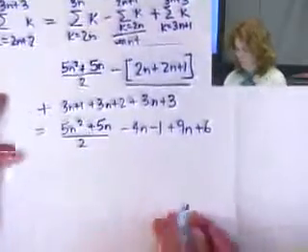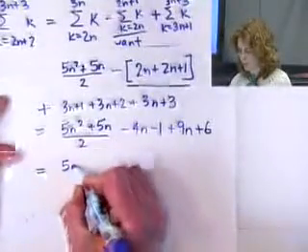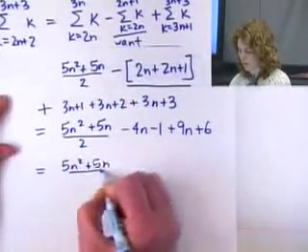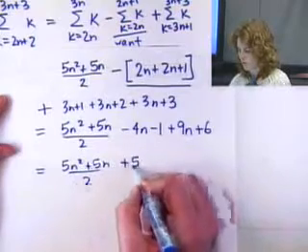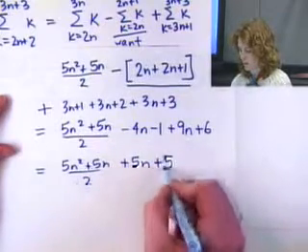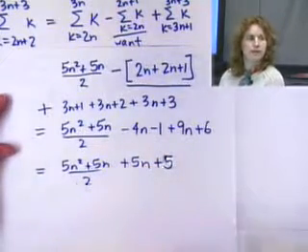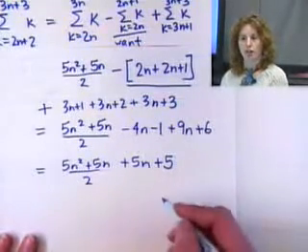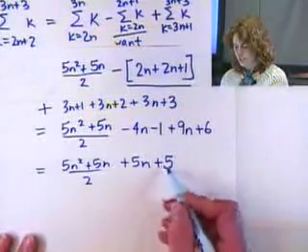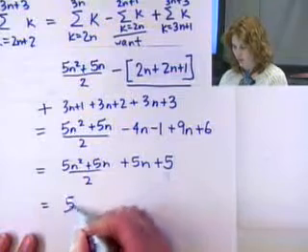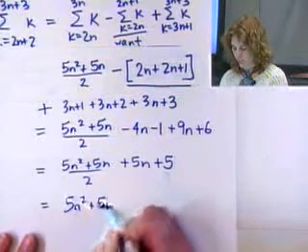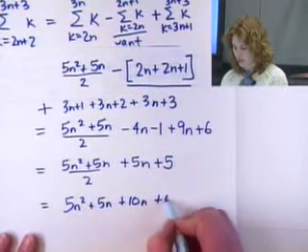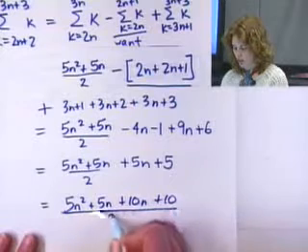So then I'm going to combine those terms. That's 5n squared plus 5n over 2 plus 5n plus 5. And then in order to get all of that over 2, I have to multiply these times 2 over 2. So I get 5n squared plus 5n plus 10n plus 10 all over 2.